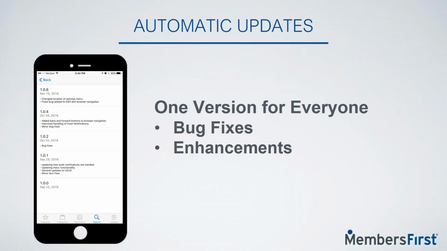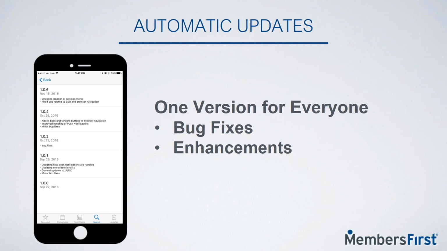Automatic updates. Everybody knows all of the apps on their phone go through continual updates. The nice thing about the app is that there's going to be one version for everyone. So whenever Members First uncovers bugs, whether it's items that we uncover or items that our clients uncover, or we're making enhancements, we're going to be pushing out these automatic updates to your club's mobile app. That way your members are seeing the latest and greatest features and functions.